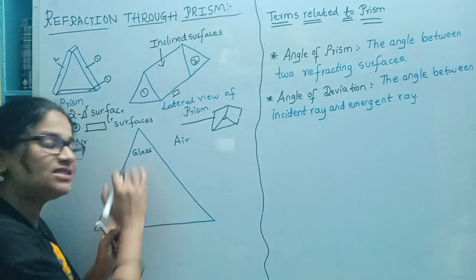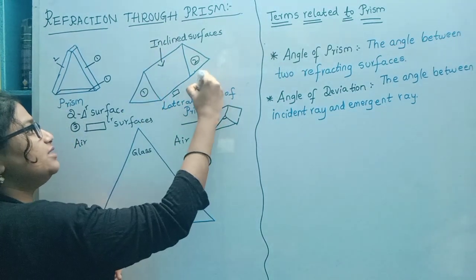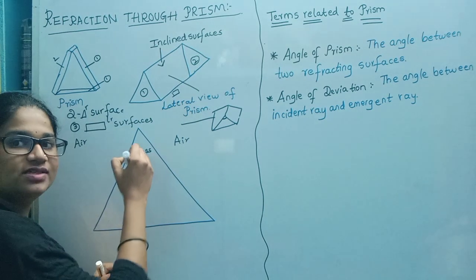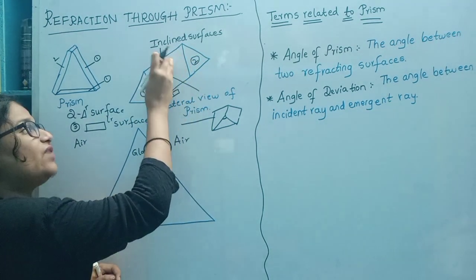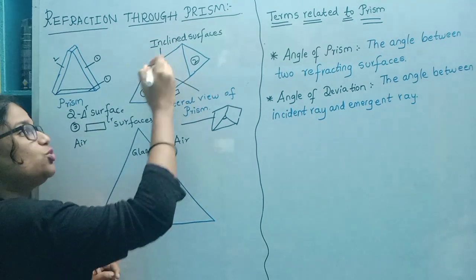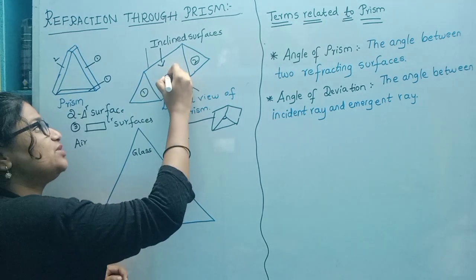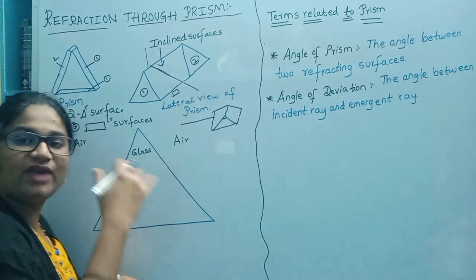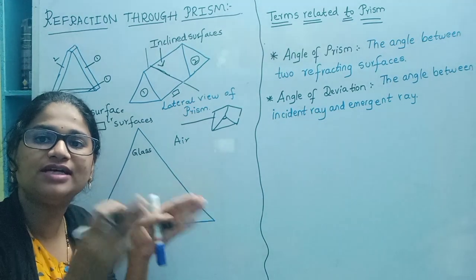Then what do the triangular surfaces do? When light enters through a rectangular surface, the triangular surfaces will not allow the refracted rays to go out, so you can see the refraction clearly inside the prism. That is the function of the triangular surfaces.